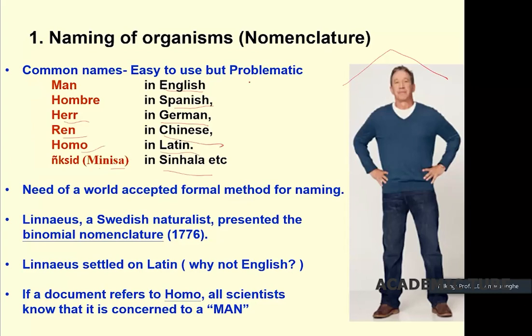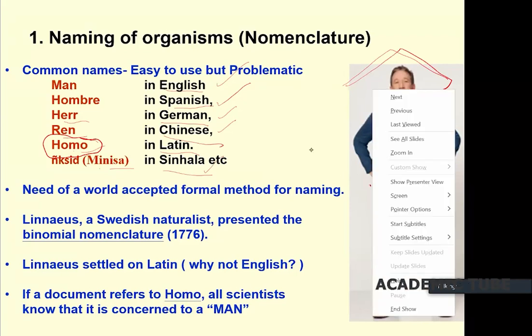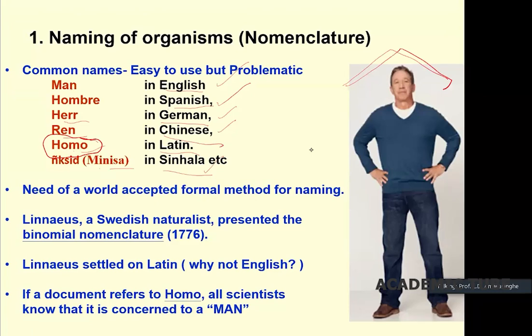But if we learn one particular category of nomenclature, we can refer to these humans only as Homo, whether it is in England, Spain, Germany, China or Sri Lanka. We refer by the single word Homo. Otherwise, it is going to be a confusion.